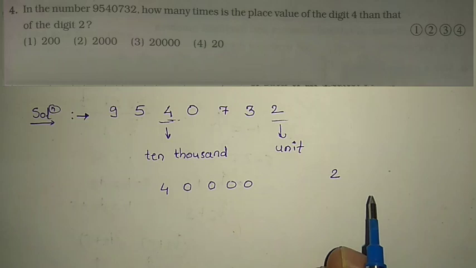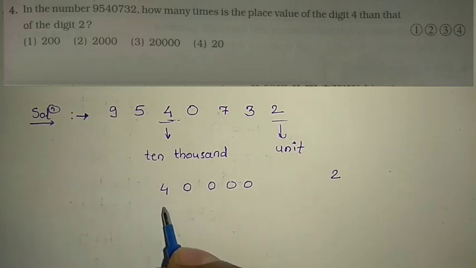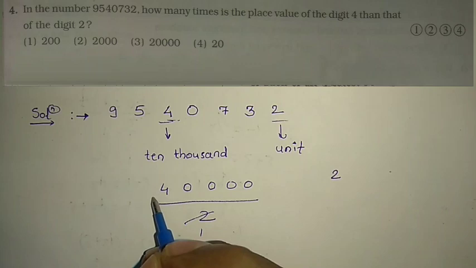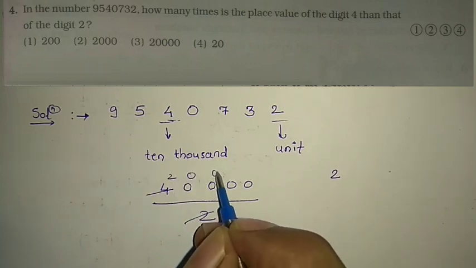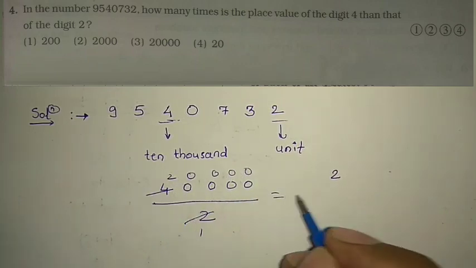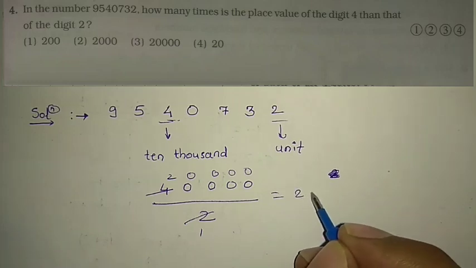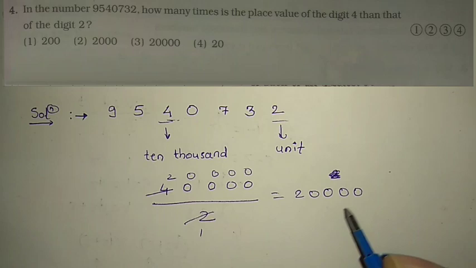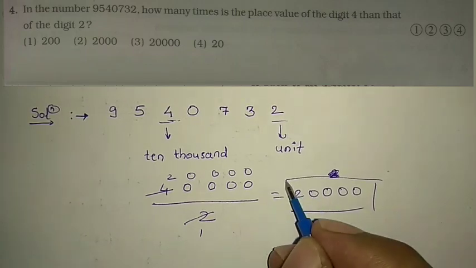Simply, in order to get the answer, we will divide 40,000 by 2. 40,000 divided by 2: 2 ones are 2, so the answer is 20,000.